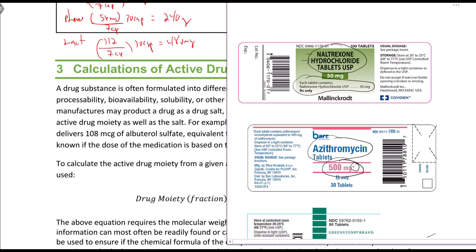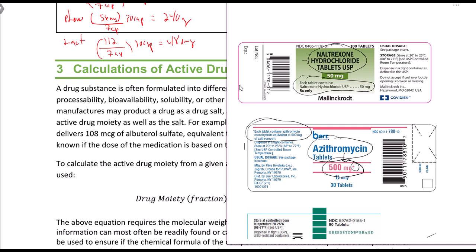So if you look over here, each tablet contains azithromycin monohydrate that's equivalent to 500 milligrams of azithromycin, meaning they put a certain amount of azithromycin monohydrate, the salt, or in this case, a hydrated form of it, and when they weighed that amount out, the amount that actually is the azithromycin is only 500 milligrams.